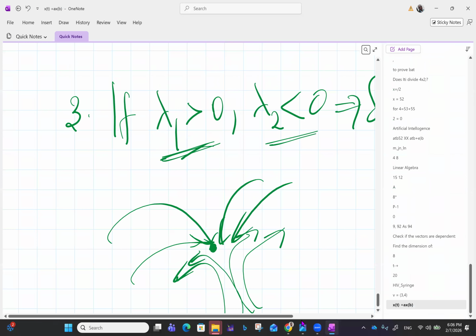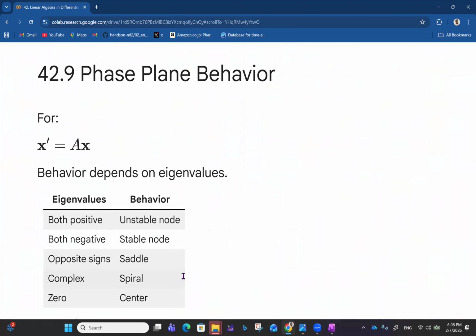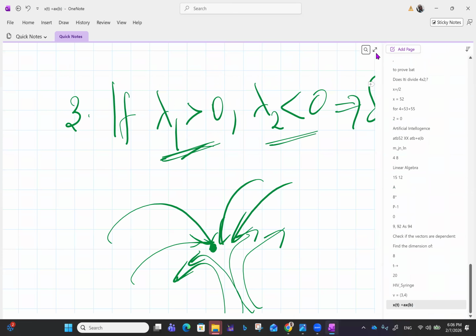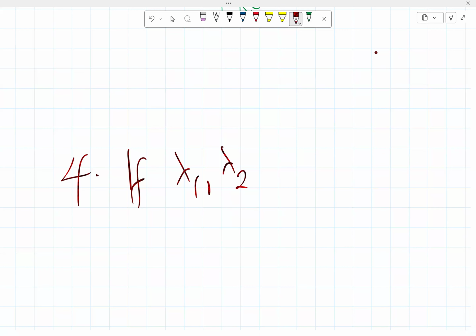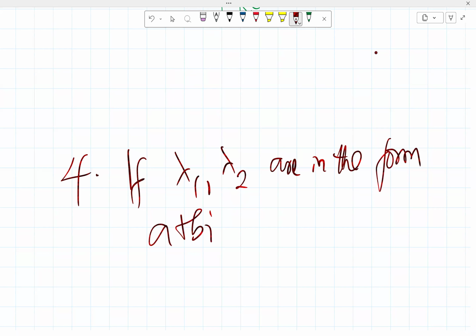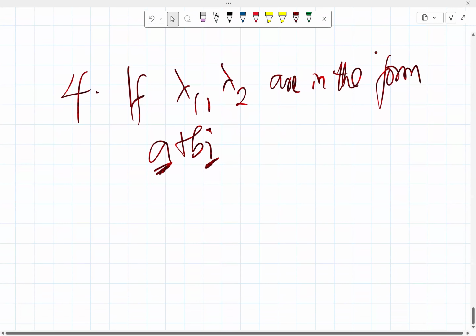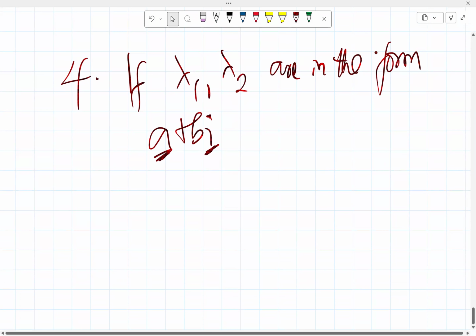Then if you have complex eigenvalues, where lambda 1, lambda 2 are in the form A plus Bi, that's complex now. Because of this complex part, this part will determine what you are going to have. Generally speaking, you are going to have spirals.